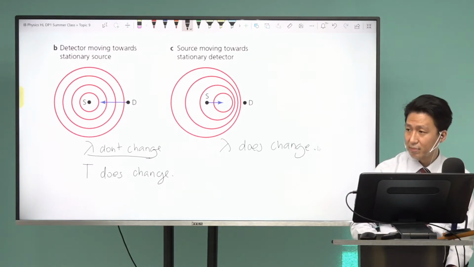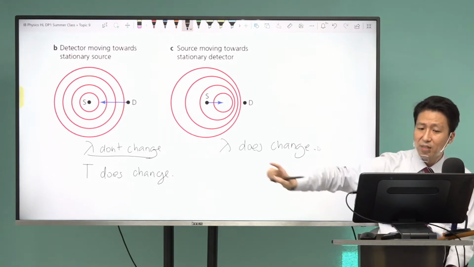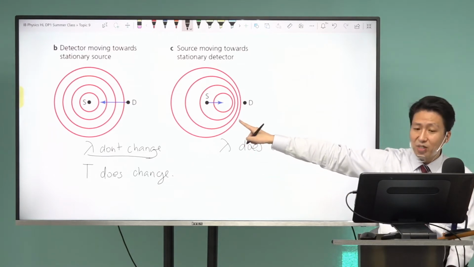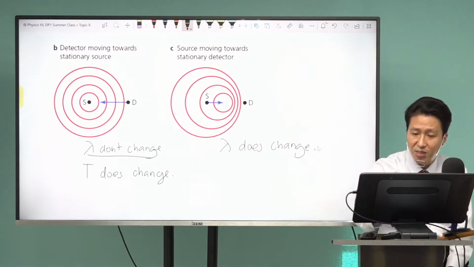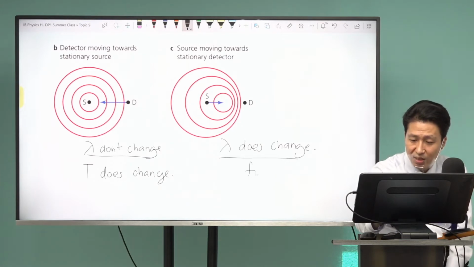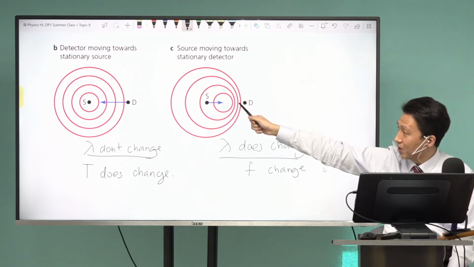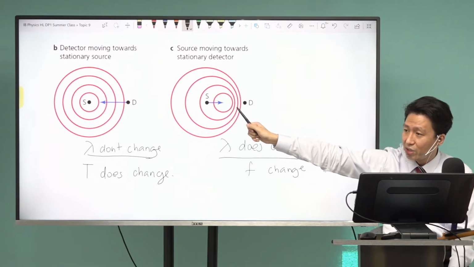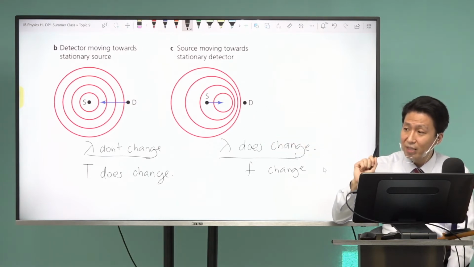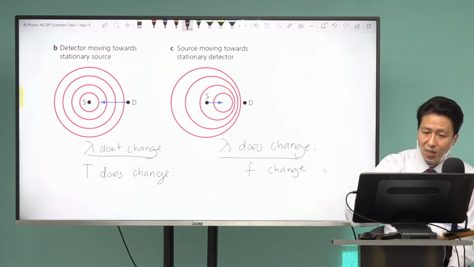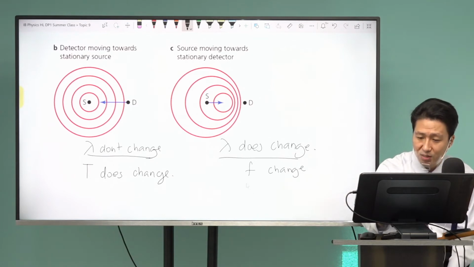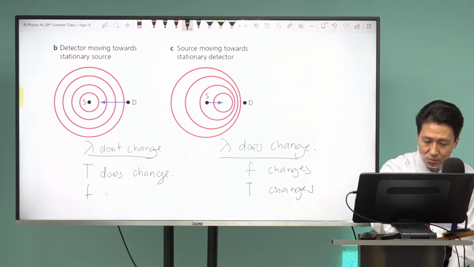And because the wavelength does change, this causes the frequency to change as perceived by this person here. For him, the waves are closer together, so he will hear them more frequently, right? And the period also changes.